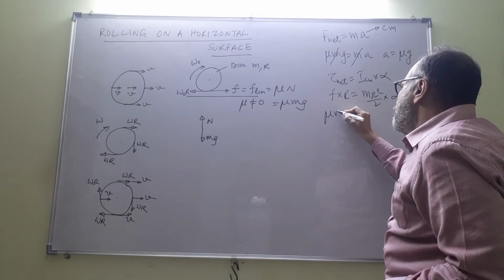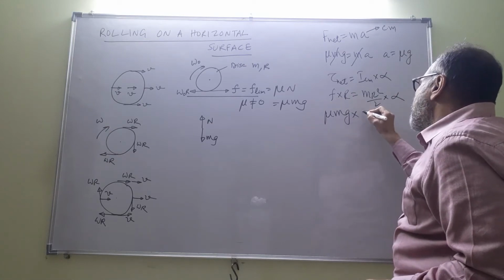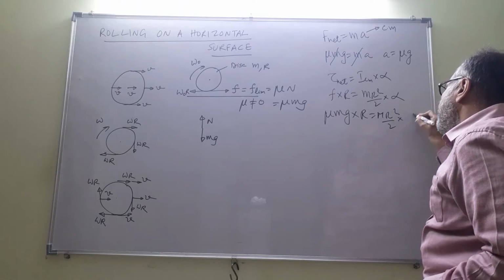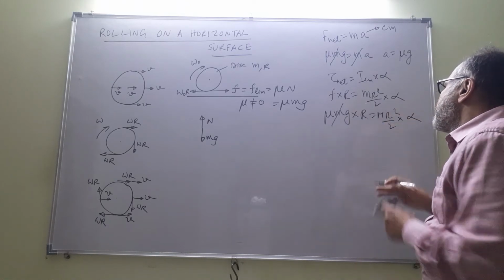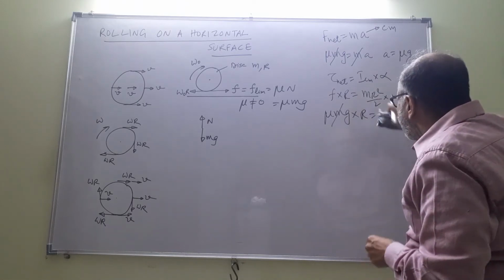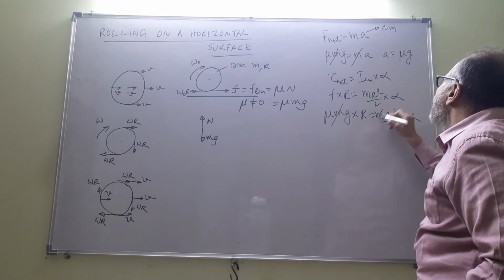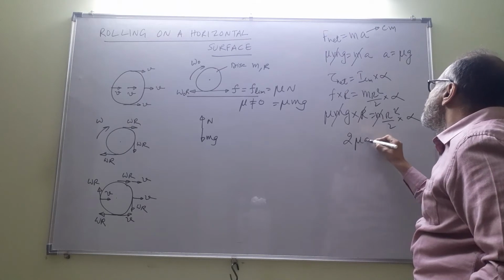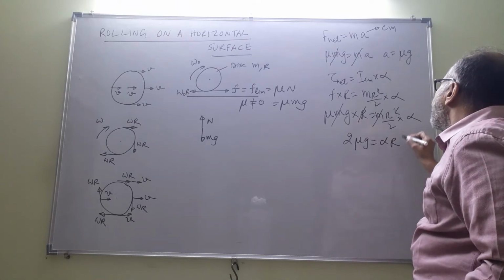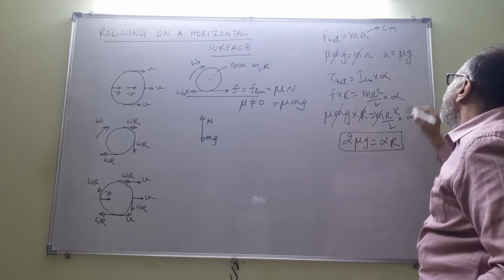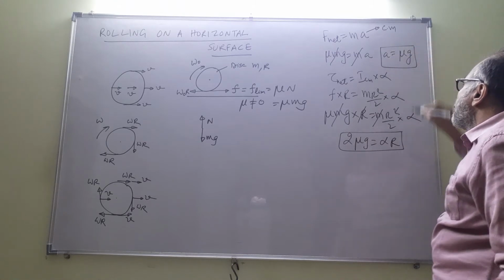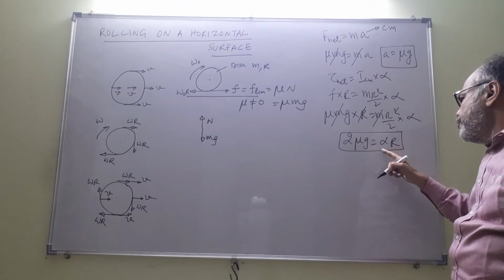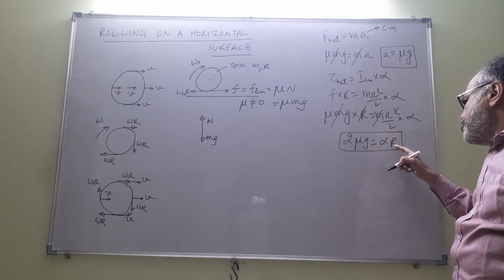F is mu mg, so mu mg times R equals mr squared by 2 times alpha. m cancels, one r cancels, and you have 2 mu g equal to alpha r. So we know the angular acceleration, or alpha r is the tangential acceleration.